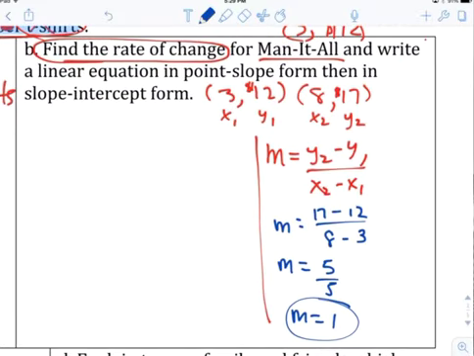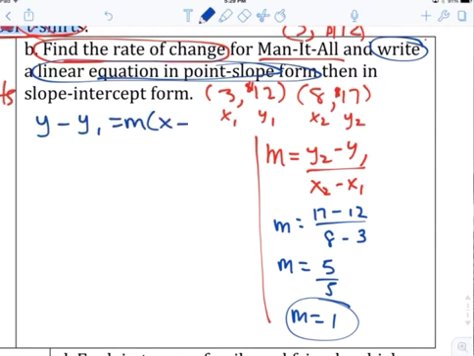And the next one is write the equation in point-slope form. Point-slope form is y minus y1 equals m times parentheses x minus x1. So y minus 12 equals 1 times x minus 3.